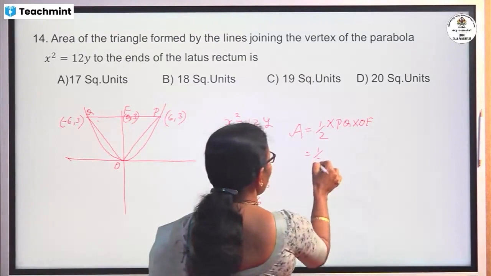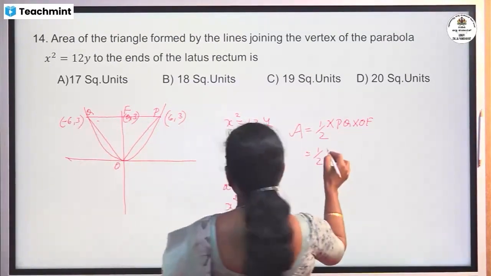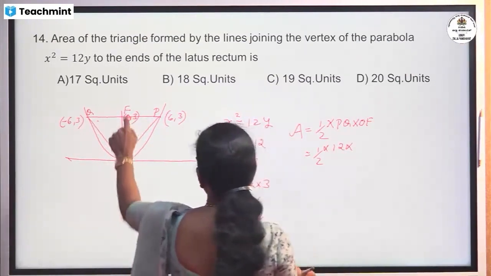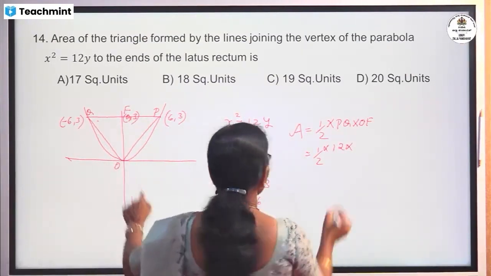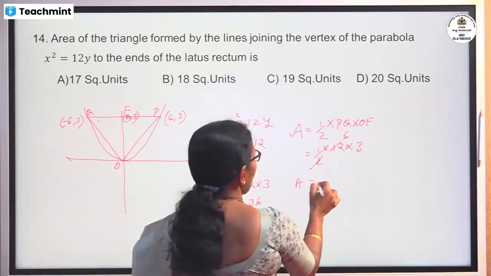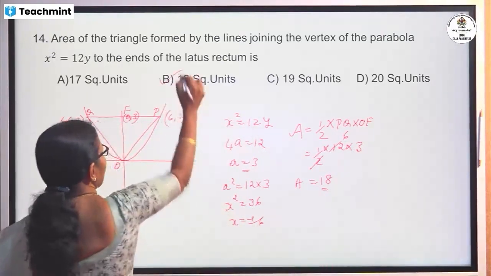The length of PQ is 12, and OF, this height, is 3. Half into 12 into 3, so the area is 18 square units, which is the correct answer.